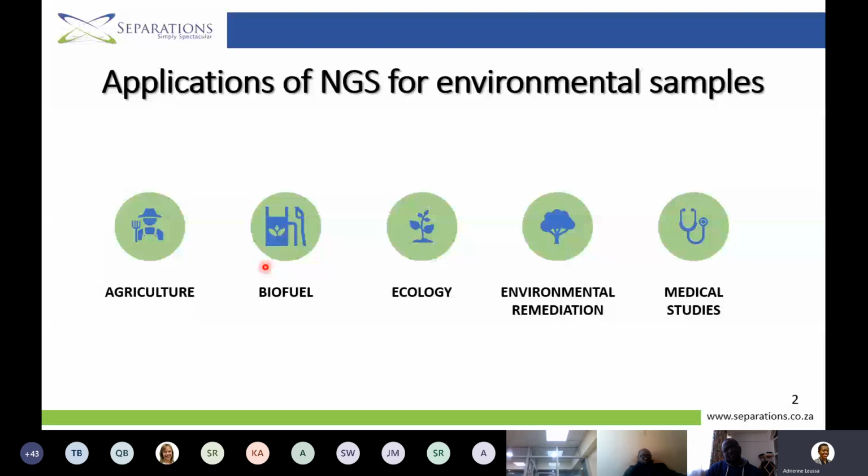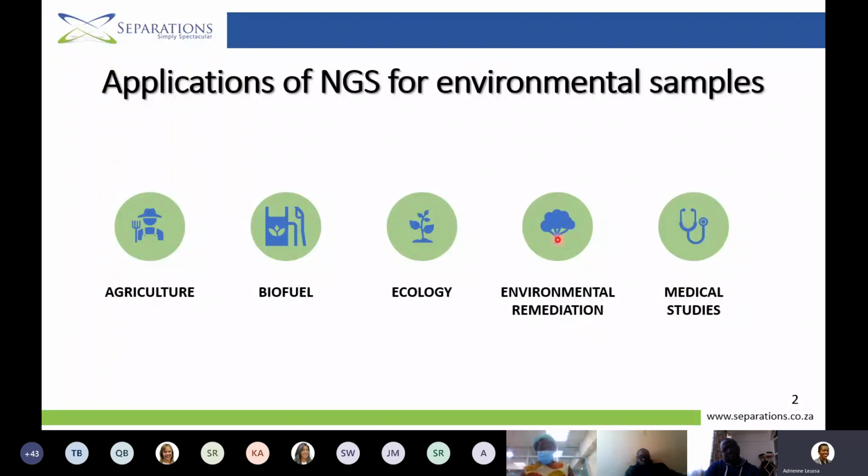large-scale production of biofuels. Now, in ecology, NGS is currently offering one of the most valuable sources of information for developing an aggregate understanding of the key processes that affect our environment. So NGS is relevant in this sector as well.